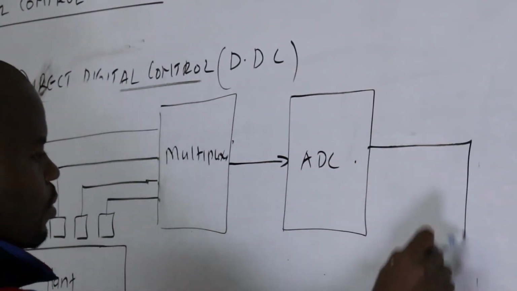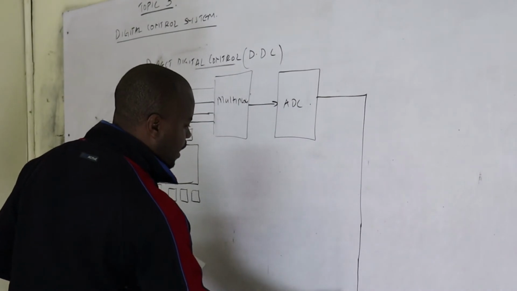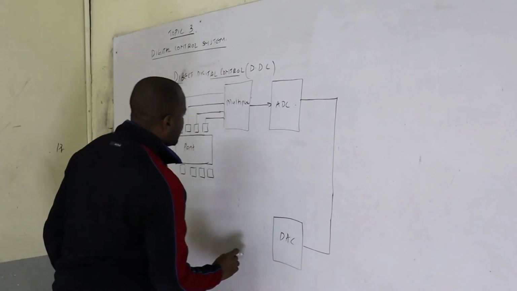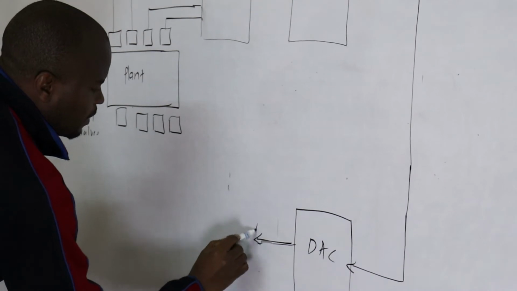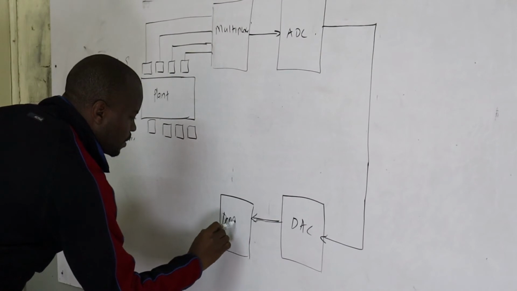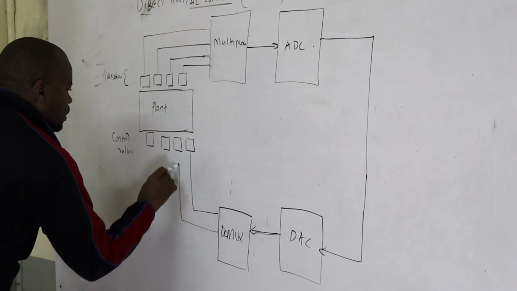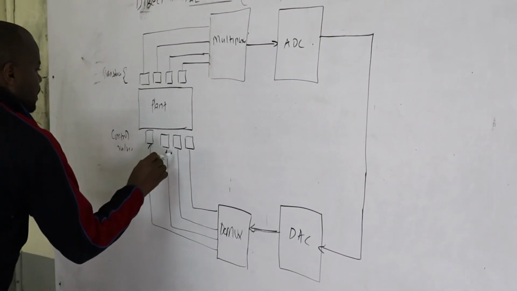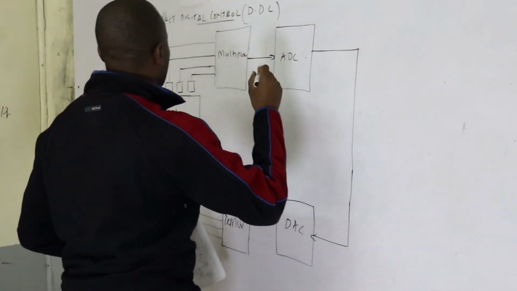And then after the ADC, we should also have DAC here, and then we can also have the demultiplexer, DMUX. Then from the demultiplexer, we can have all those getting into several actuators, and the sampling, as we have said, must be done in the same sequence that it was done at the multiplexer.